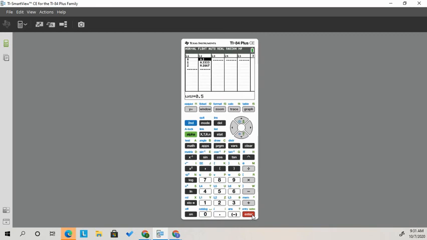All right, then we're going to go to the top of list 3 and do list 1 times list 2. And there's our multiplication for our sum, second quit, second stat for our sum. And there's our mean.